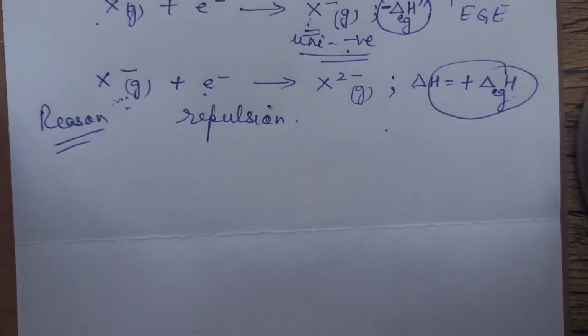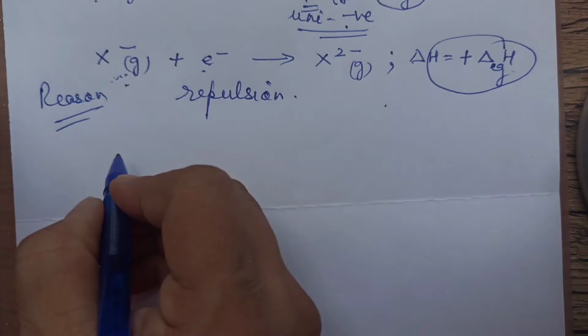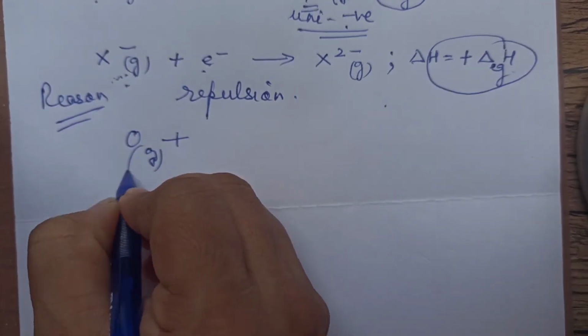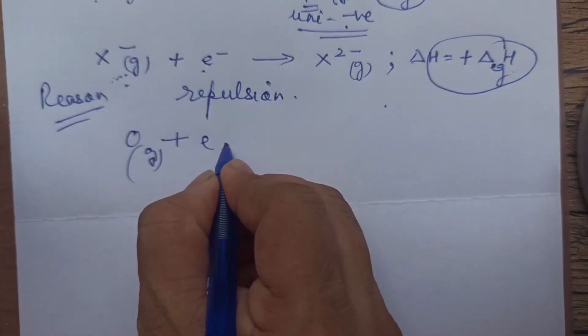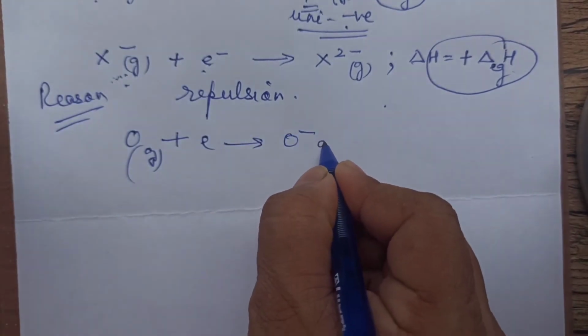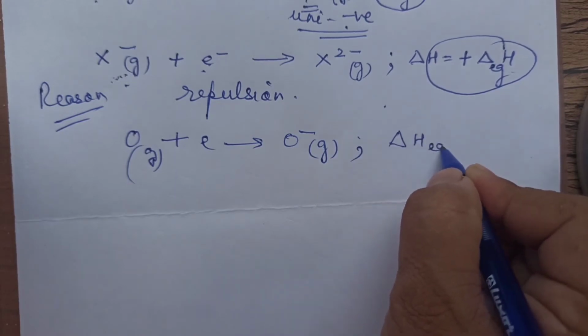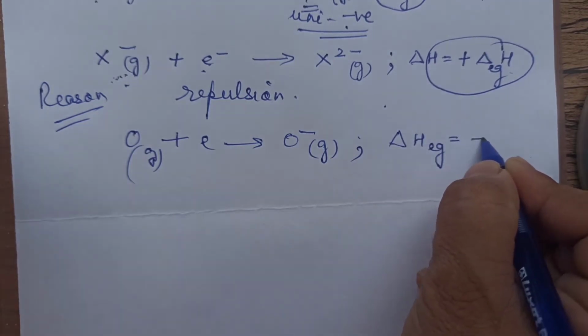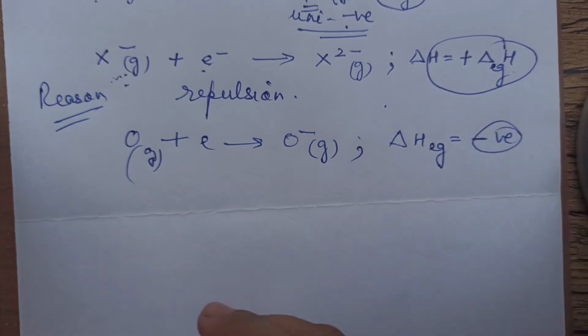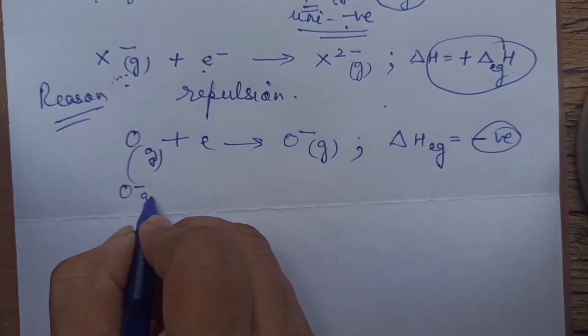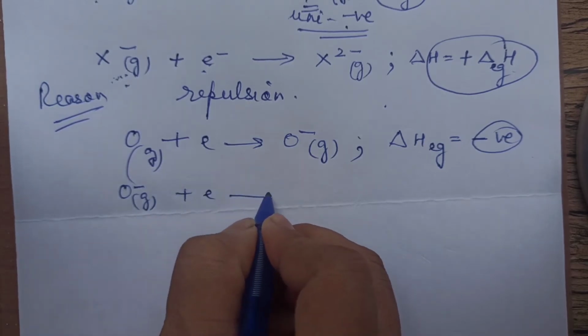You can apply this to O in the gaseous state. If you add one electron, it will result in the formation of O minus. In this process electron gain enthalpy is negative. You need not remember the values, but you should know what is exactly happening. To this anion, again one electron is added.